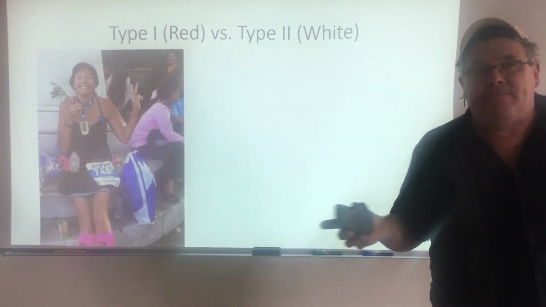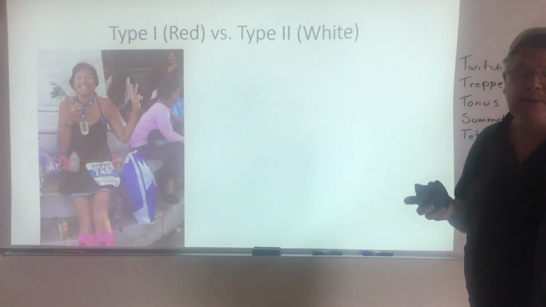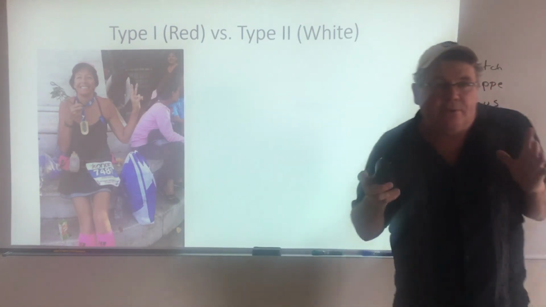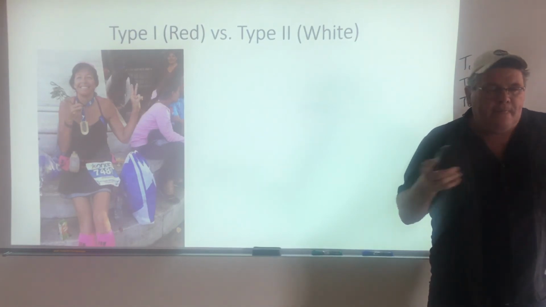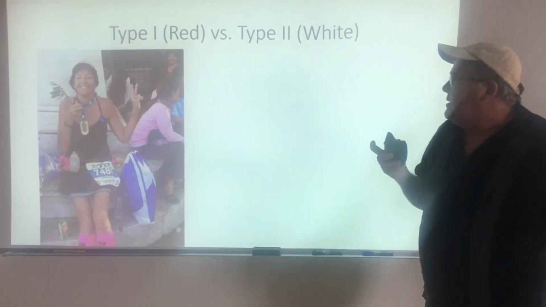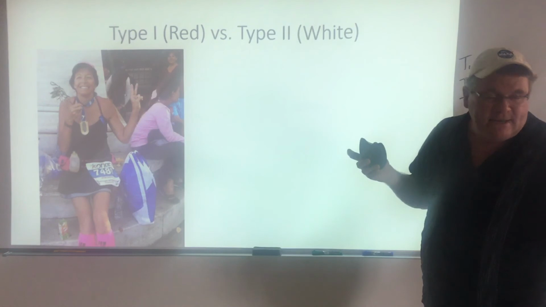On the flip side, the type 2s, the whites, they don't have as much blood flow going in there. What that means is they can do their job really well. They've got a lot of enzymes to help clear out the acetylcholinesterase. I have to slow down, I've only got about 2 minutes.